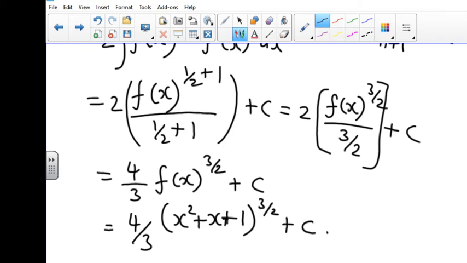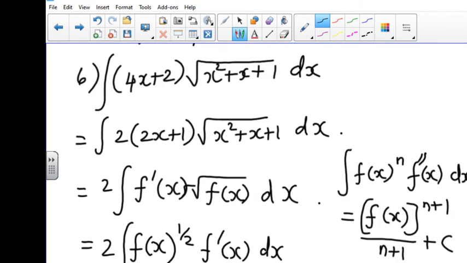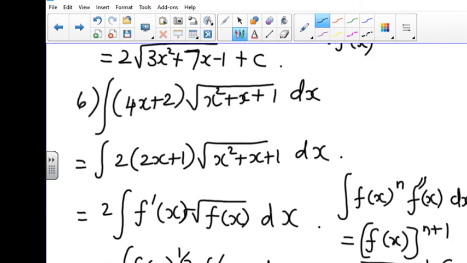So whenever we have the form f dash of x into root of f of x, let us take f of x equal to x square plus x plus 1.